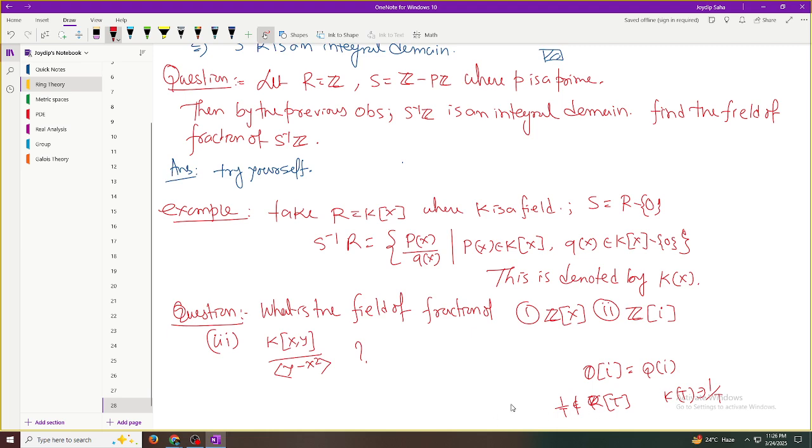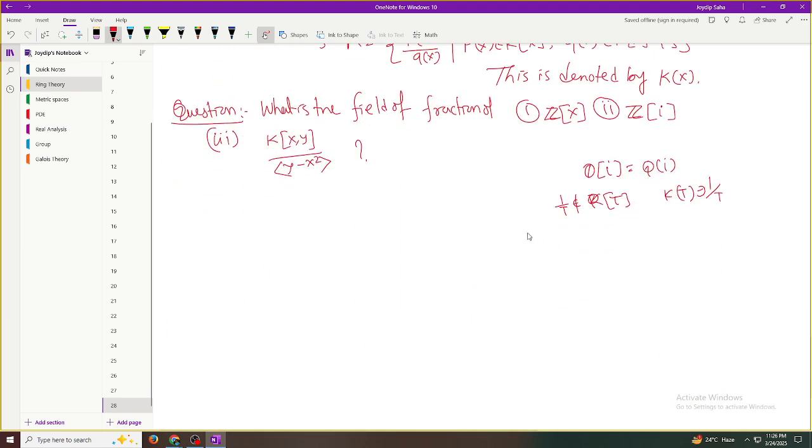Because if 1 by t belongs to k[t], then it looks like a polynomial a0 plus a1t plus up to an t to the power n. Then multiplying by t, 1 equals a0t plus up to an t to the power n plus 1.